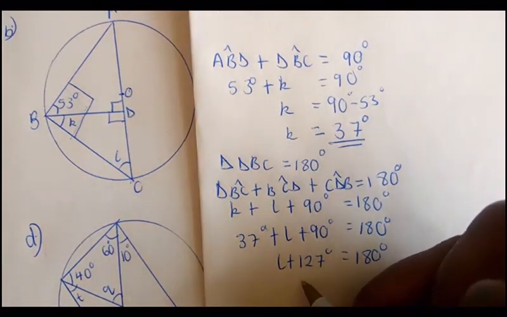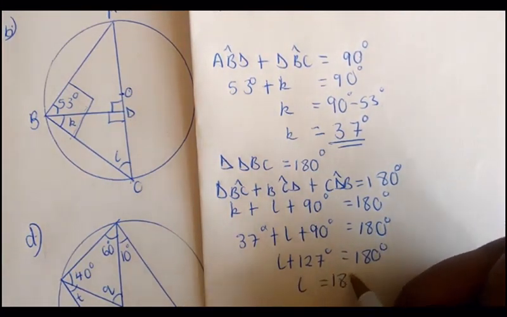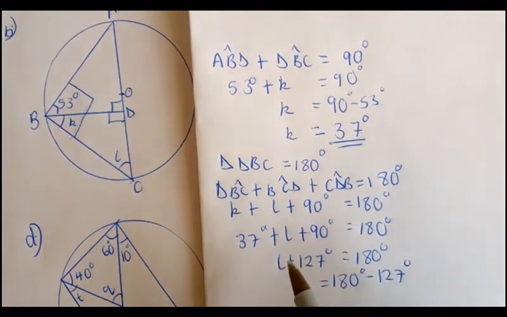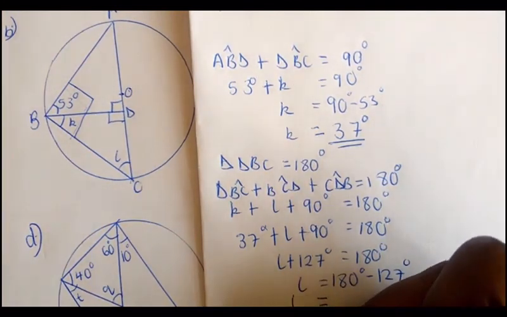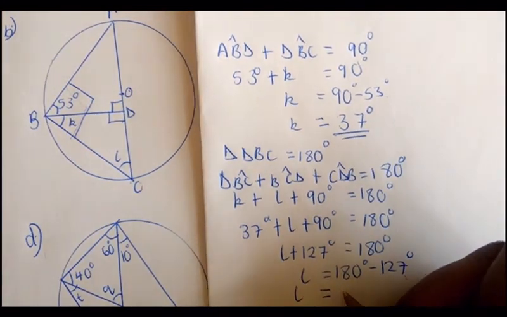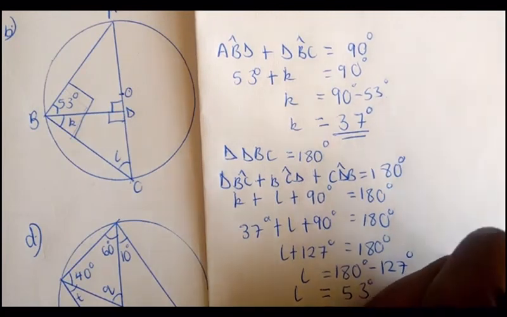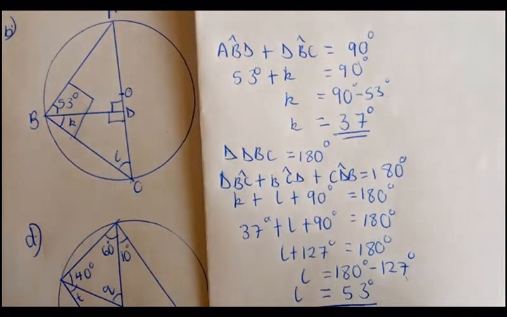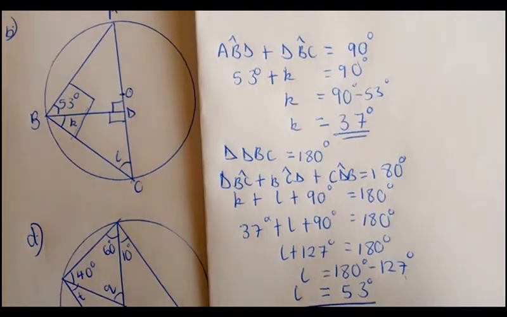Then L is equal to 180 degrees minus 127 degrees. We have shifted this 127 to this side. Therefore, L is equal to 53 degrees. So we are done with part B. Now let us move to part C.